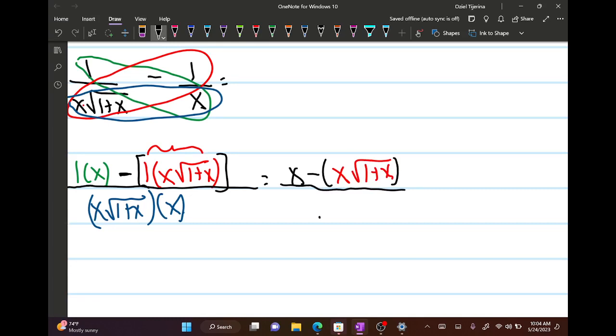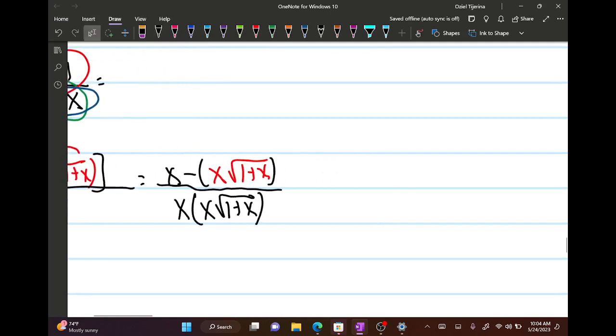Then we have over x times x square root of 1 plus x.